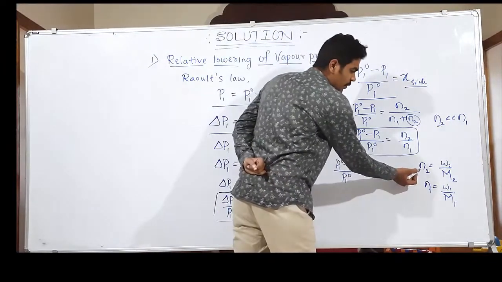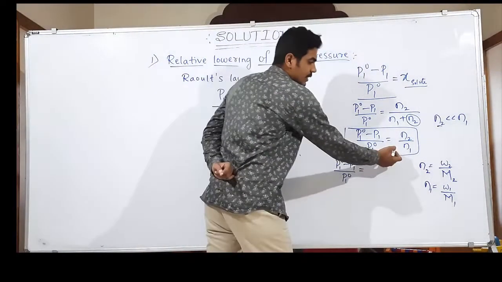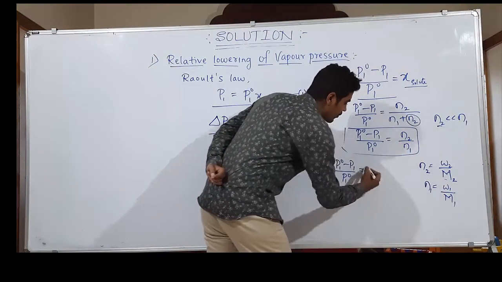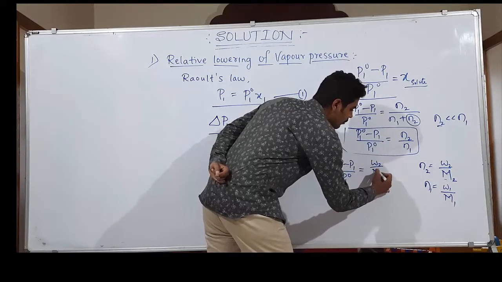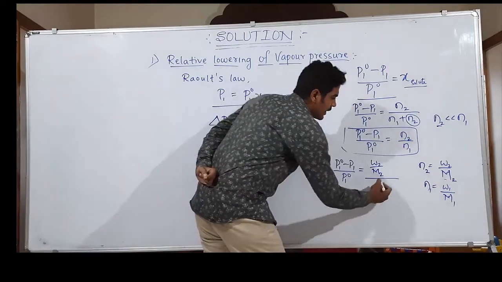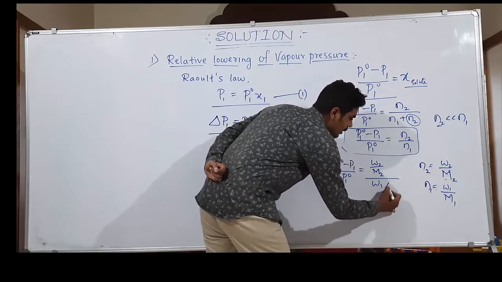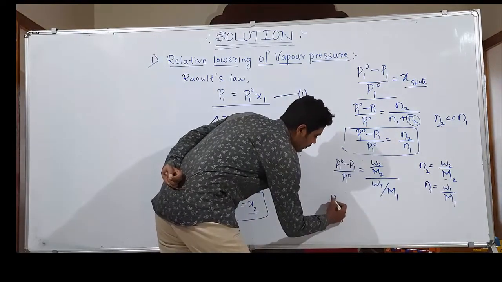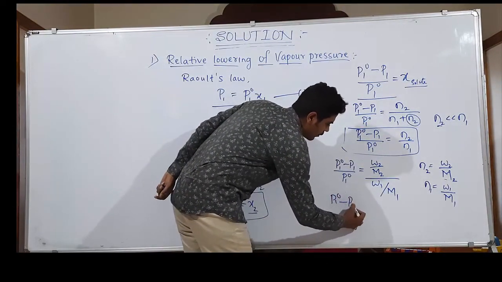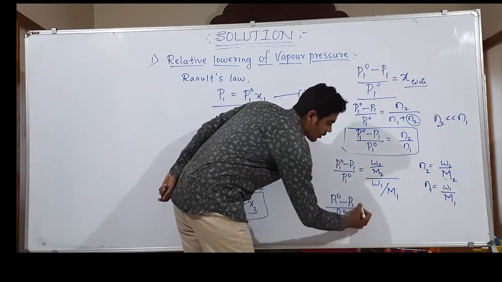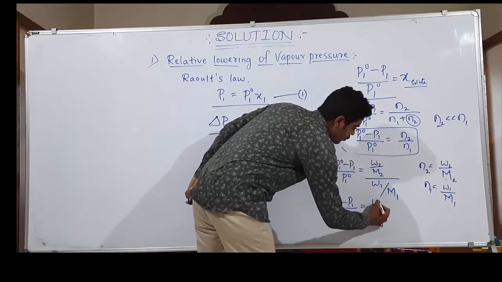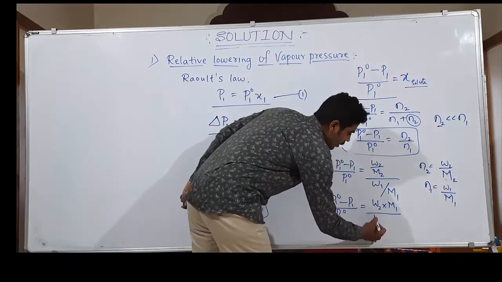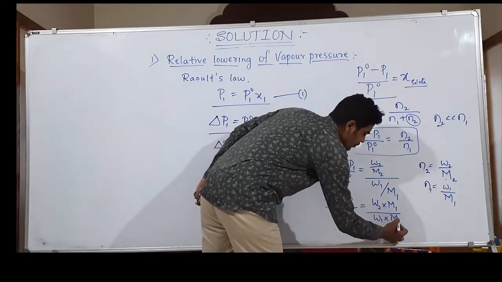So substitute the values of N2 and N1 in this equation. In place of N2, substitute W2 divided by M2, whole divided by N1, which is W1 divided by M1. Rearranging this, we get P1 naught minus P1 divided by P1 naught is equal to W2 into M1, whole divided by W1 into M2.